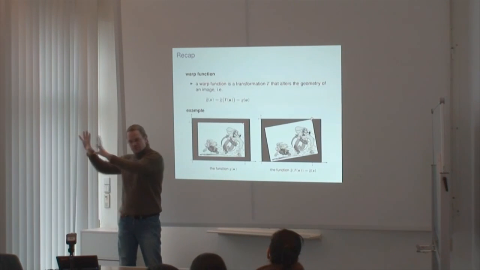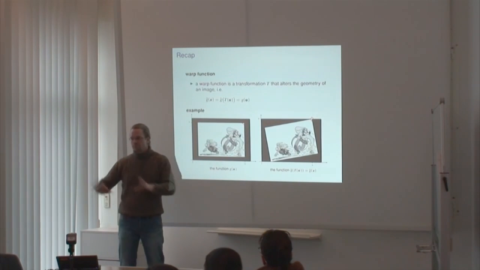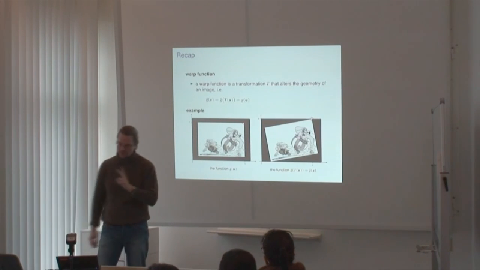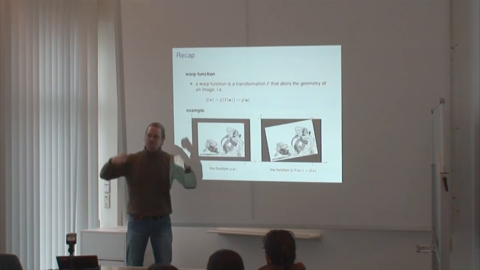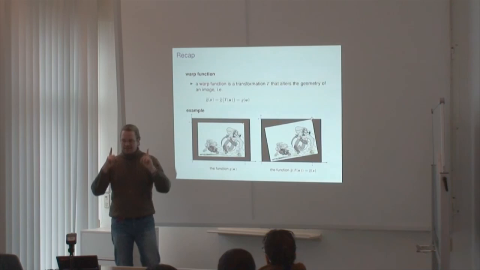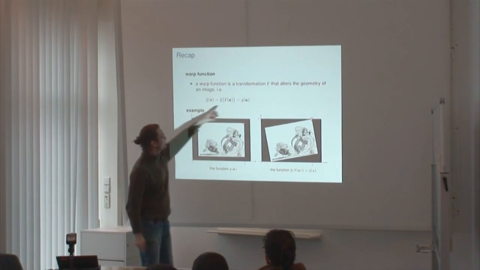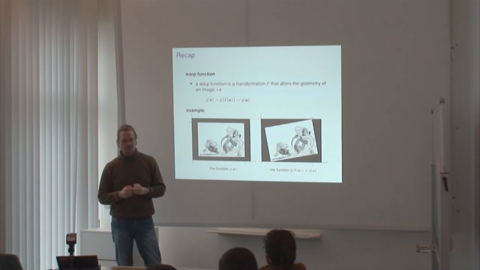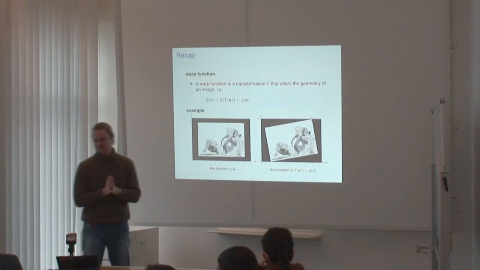And then we may do something to the functions over here and map them back. But when we apply these filters, whether we do that in the frequency domain or in the space domain, what we basically do is something to the intensity values. When we are talking about image warping, we transform the coordinates, not the intensity values. This is a very, very crucial difference.